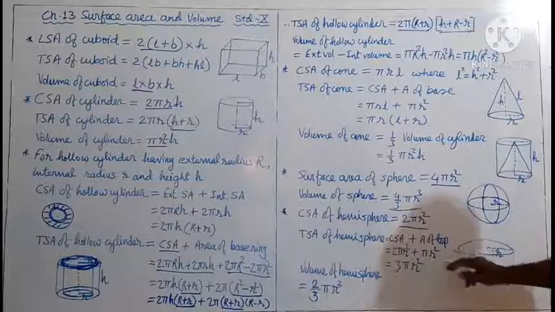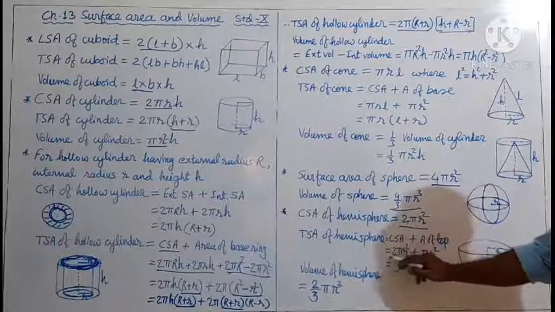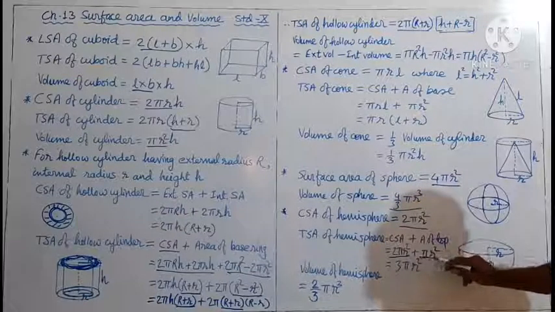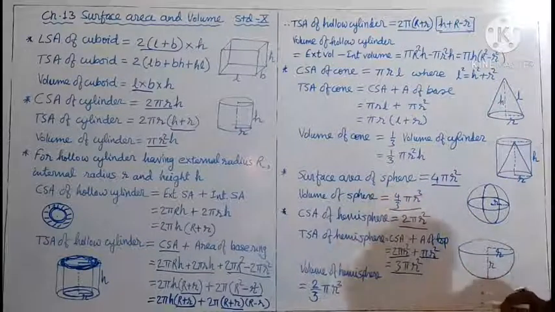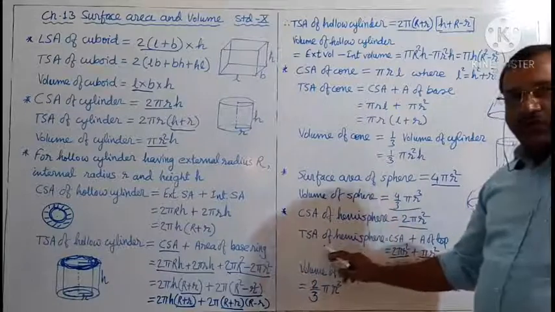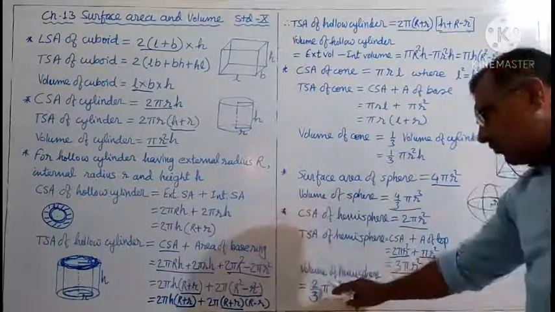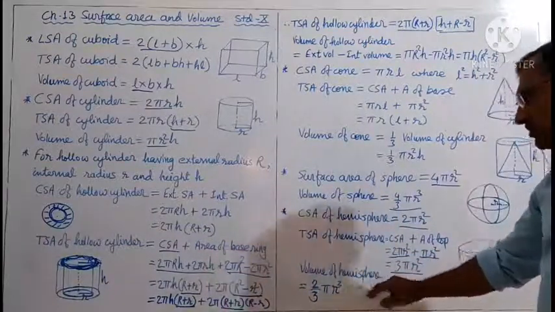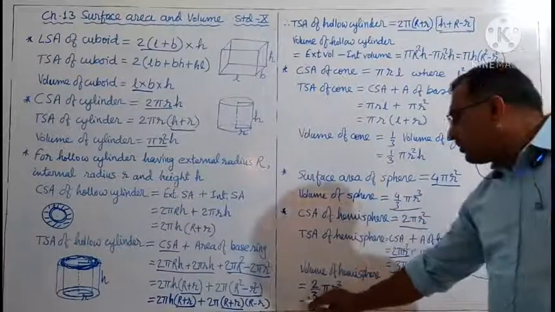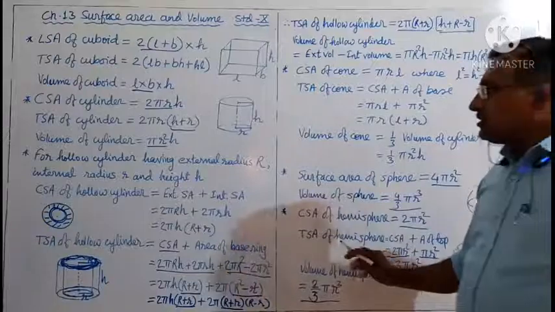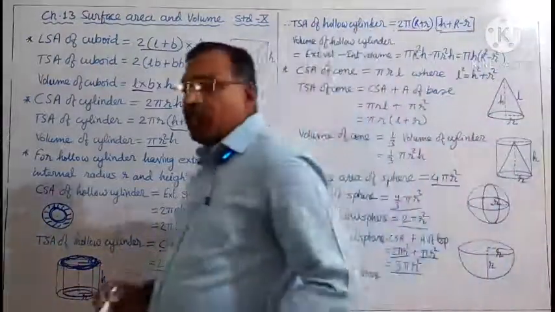The curved surface area is 2 pi r square plus the top is circular, so it is pi r square. So the total is 3 pi r square, the total surface area of the hemisphere. Then comes the volume of the hemisphere. The volume of the hemisphere is half of the volume of the sphere, so that is 2/3 pi r cube. So this is regarding the volume of the sphere and hemisphere.